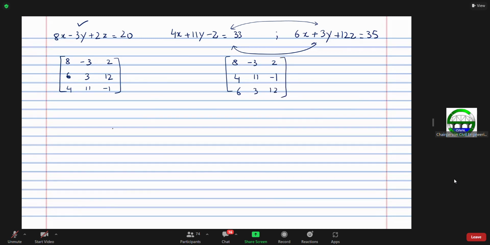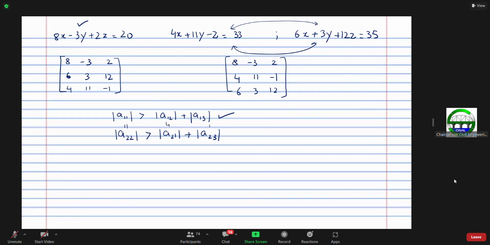Now see the conditions. The magnitude of A11 should be greater than the magnitude of A12 plus A13. So it is okay, right? And then A22 should be equal or greater than A21 plus A23. What is A22? It is 11, A21 is 4, and A23 is 1.